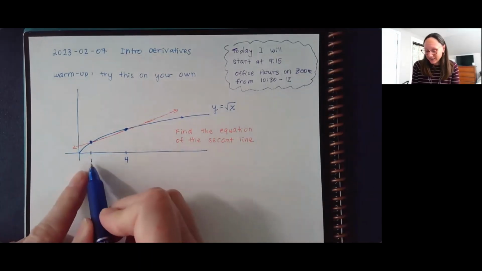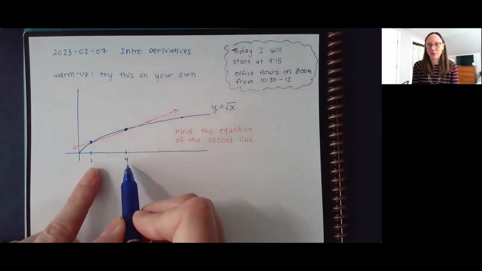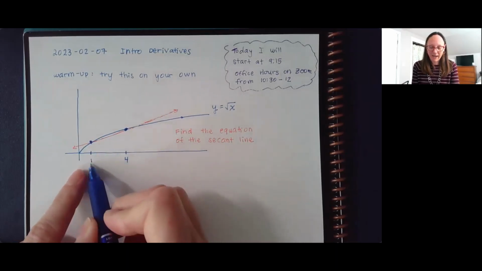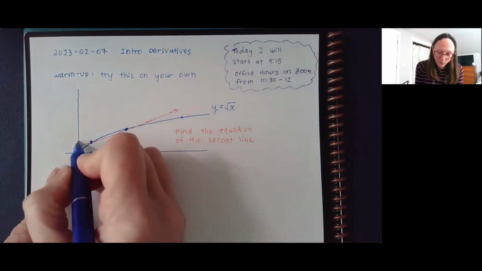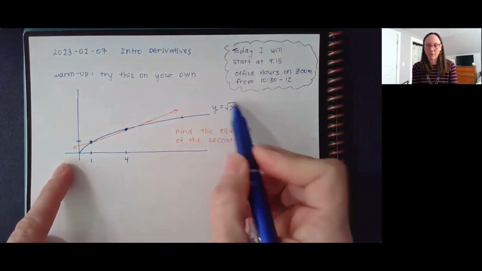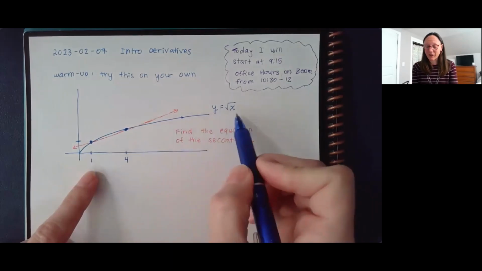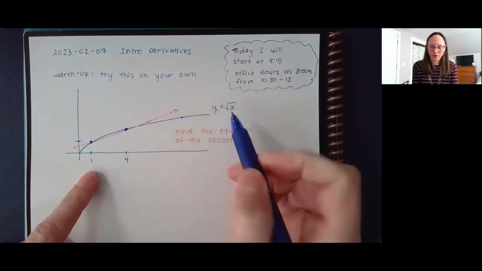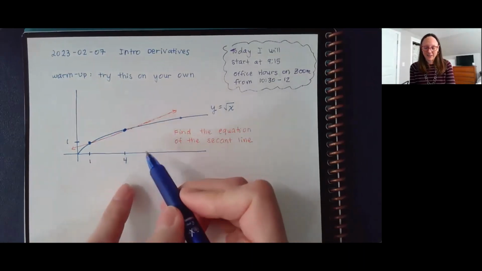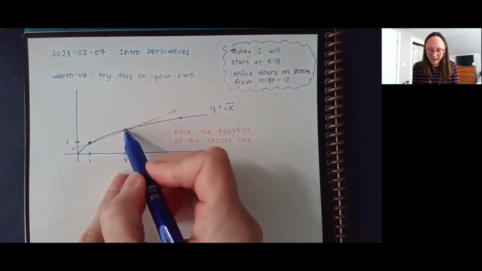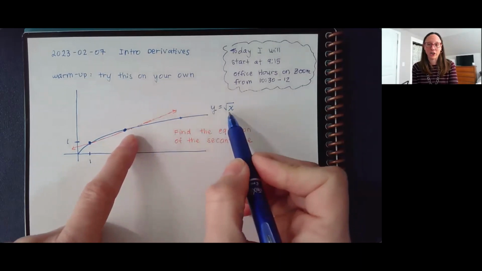I'm going to do that by looking at the 2 x values that we've been given. If I'm at an x value of 1 and I head up to the graph, the y value there I'm going to get from the function itself. I'm going to plug in 1 for x, the square root of 1 is 1, and there we go. For my second x value of 4, I look at the function, which says take the square root of the x value.